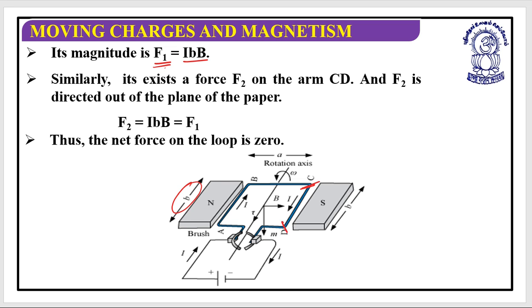Similarly, on the CD branch, a force F2 is acting, and F2 is directed out of the plane of the paper. So F2 equals BIb. Magnitude wise, F2 and F1 are the same, but direction wise, F1 acts into the plane, while F2, the force on the CD branch, acts out of the plane.